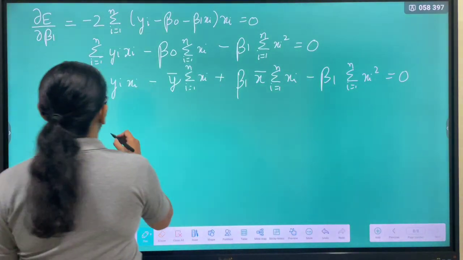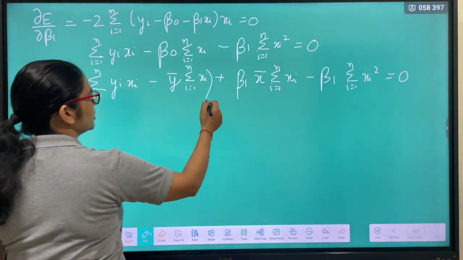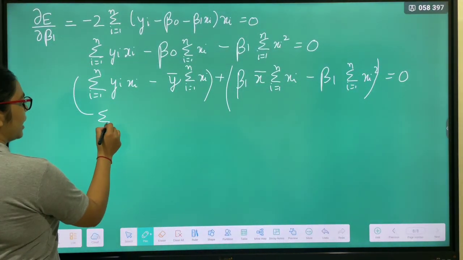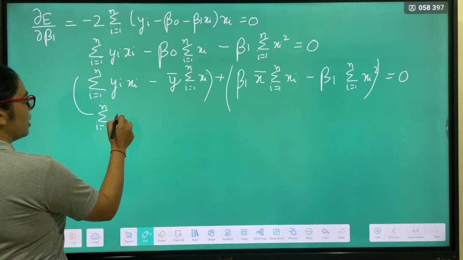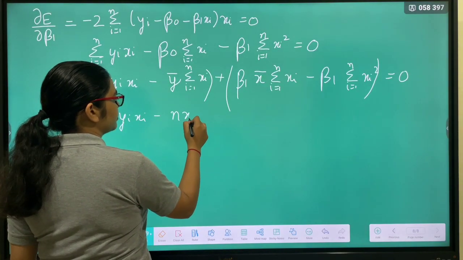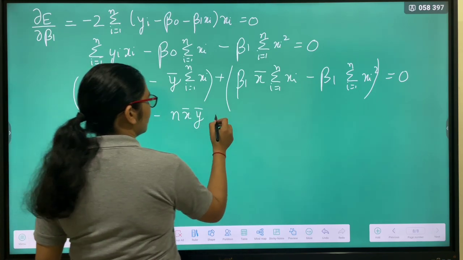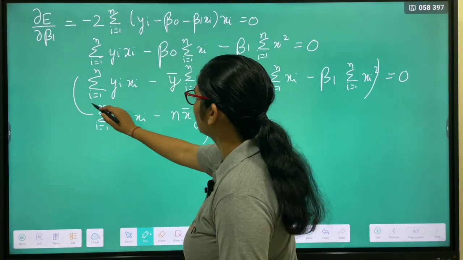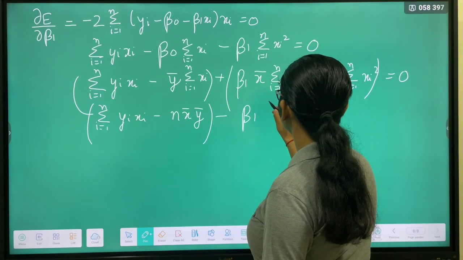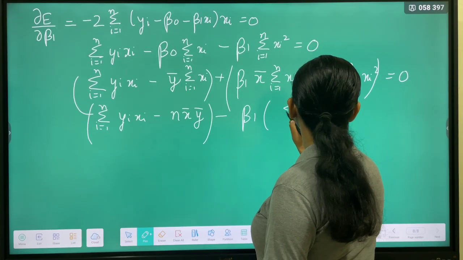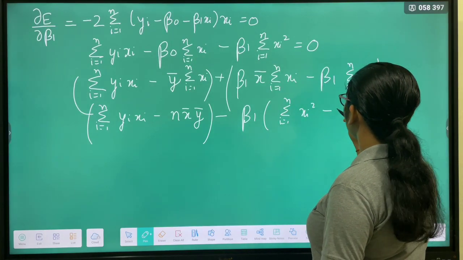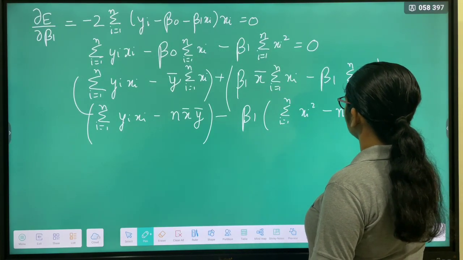Now we will take these two terms and these two terms separately. So this is summation i goes from 1 to n yi xi minus n x bar y bar minus beta 1 summation i goes from 1 to n xi square minus n x bar square.